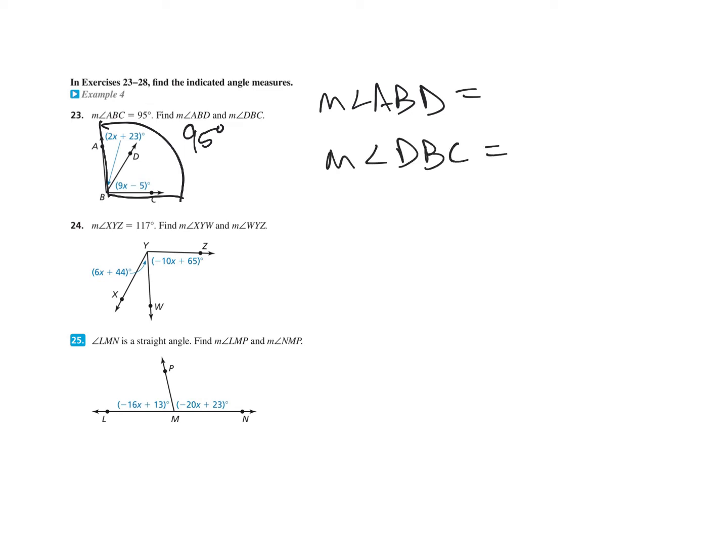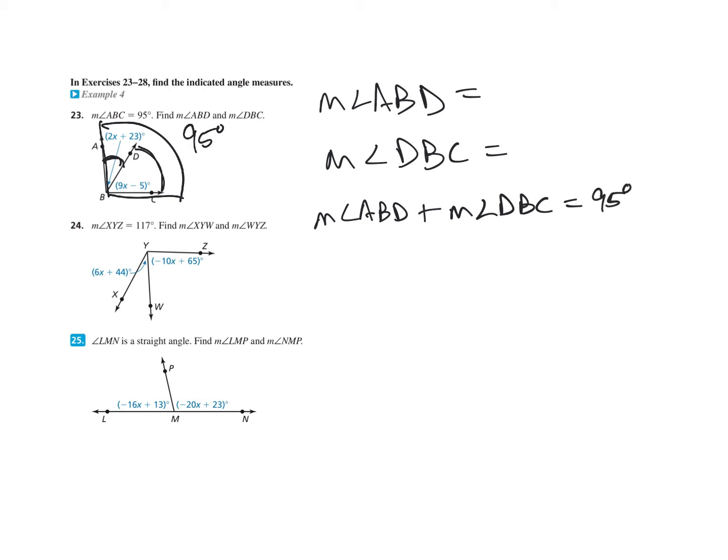All right, ABD would be this angle right here, and DBC is this other one. All right, so how do we do this? Angle addition postulate. Angle ABD, plus the measure of angle DBC is equal to 95 degrees.